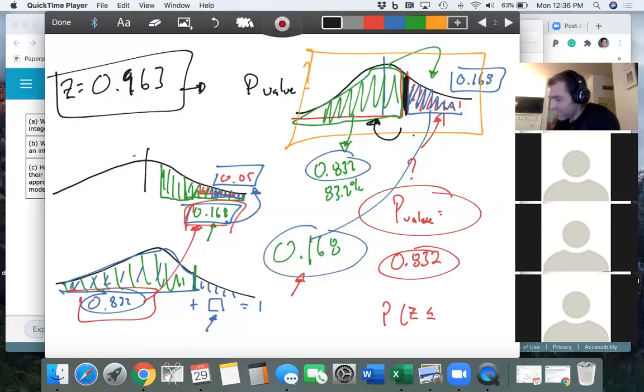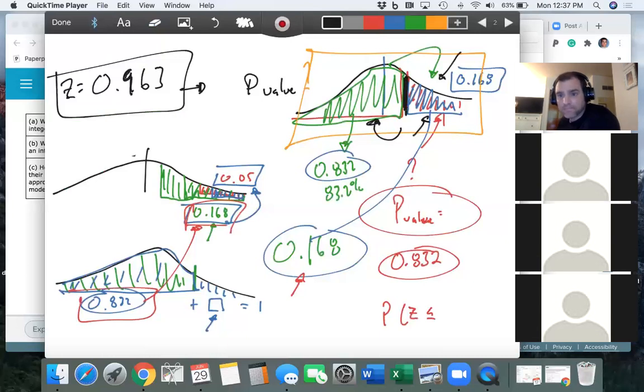Did I get the left side? Did I get the right side? And which side do I actually want? In our case, because we're testing on the right, we need the right side of the proportion to make a comparison. If it were the opposite, if we were looking at the left tail, then when we did that calculation in the calculator, the answer we get would be the p-value.